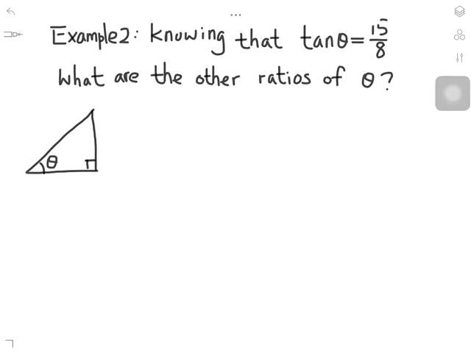And what's the definition of tangent? In your head, again, refer back to opposite over adjacent. The side that the angle opens to would be opposite, so this is opposite. The side that makes the angle, this would be 8. So this is adjacent.